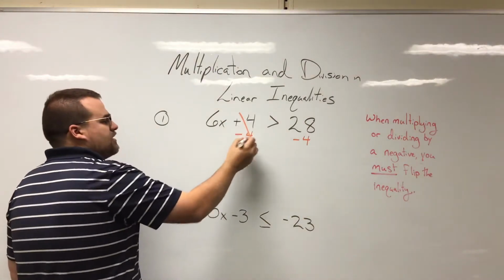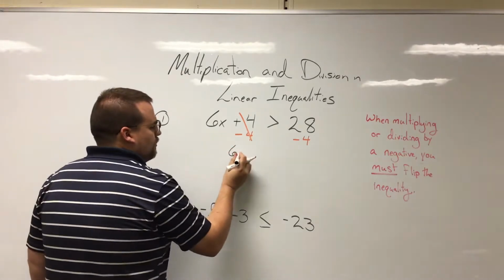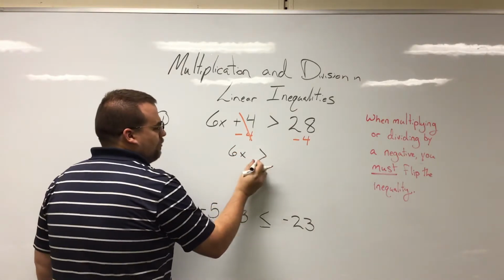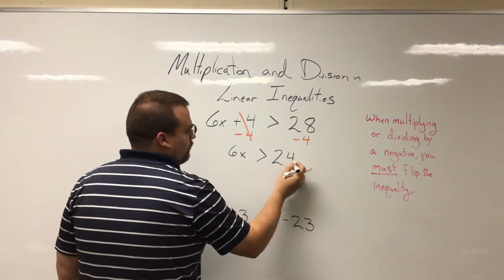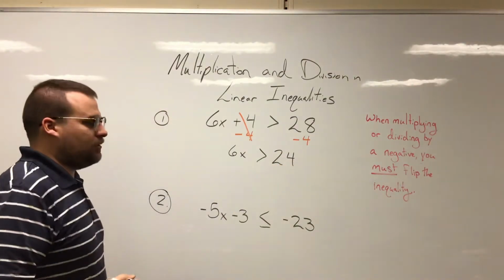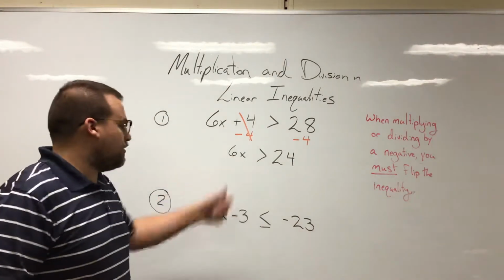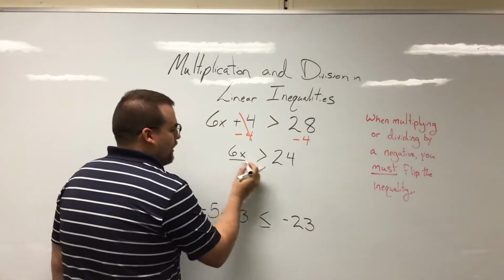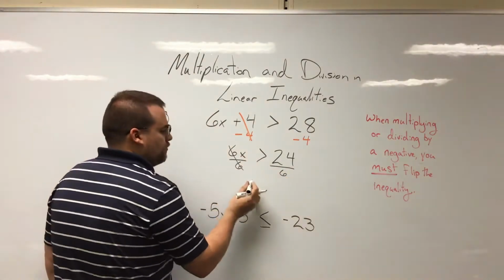That cancels these out, leaving me with 6x on the left-hand side of the inequality, and 28 minus 4, or 24, on the right-hand side. Now I get to finish up the problem. That 6 is multiplying, so I'm going to go ahead and divide and get that x all on its own.